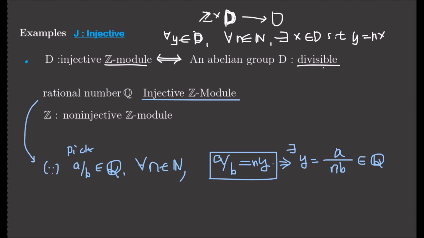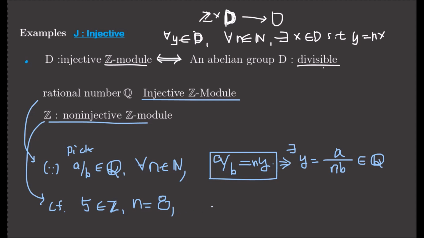However, the integers are clearly a non-injective module. Why? Here is a counterexample that we can easily see. For example, let 5 be an integer and choose n equal to 8.